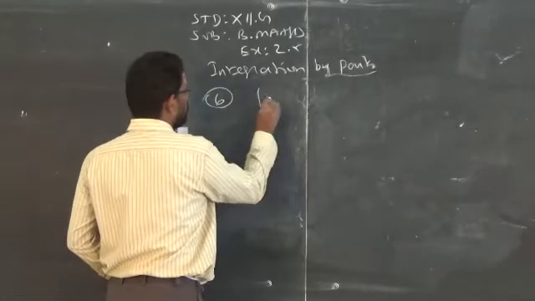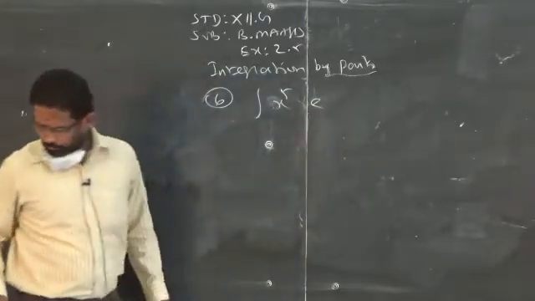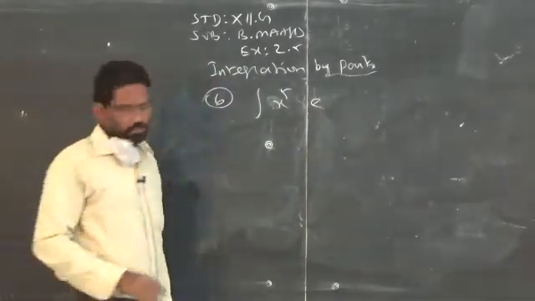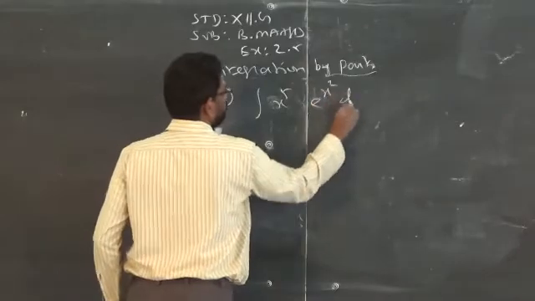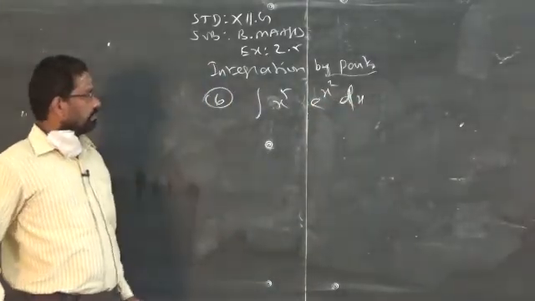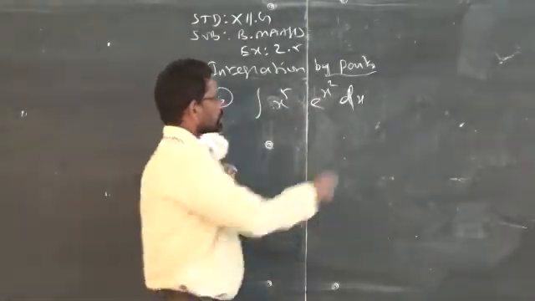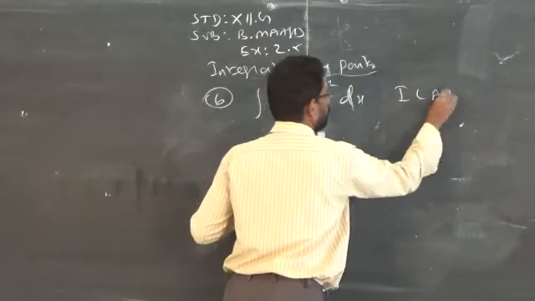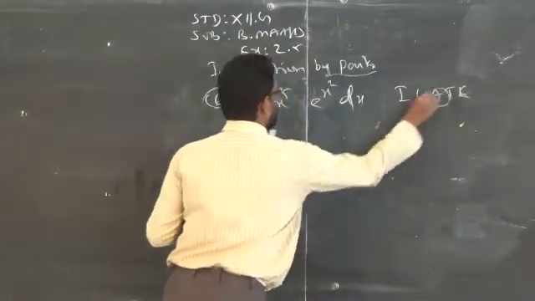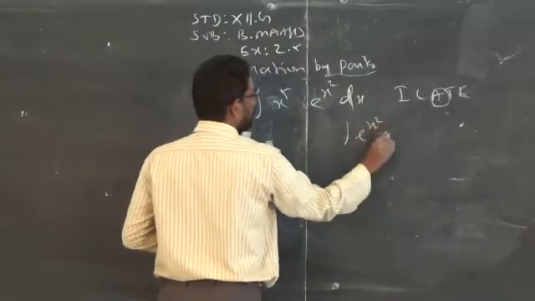So, integration of x power 5 e power x square. This is correct, x power 5, but you see e power x square, so again ILATE comes. You take a, it's okay, the remaining exponential form e power x square into dx.